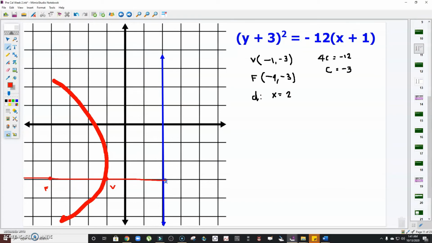It passes through the vertex. So, what's the equation of that? Since the axis of symmetry is horizontal, that is y equals k, or the y of your vertex, which is negative 3. Clear? Okay, pretty simple, right?